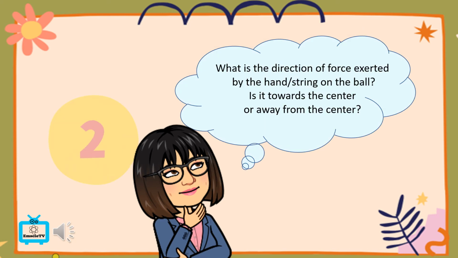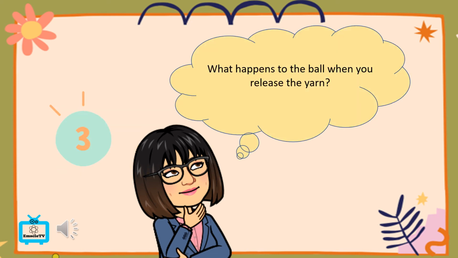Number two, what is the direction of force exerted by the hand or the string on the ball? Is it towards the center or away from the center? What happens to the ball when you release the yarn?